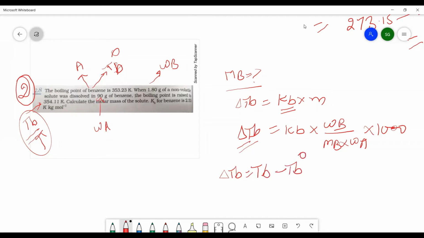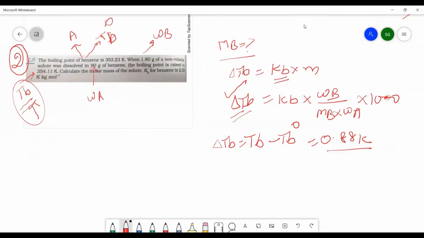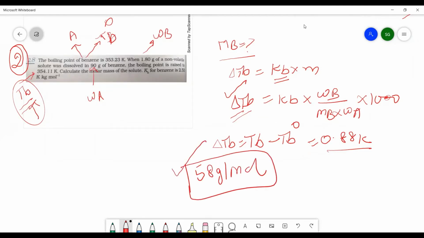TB is 354.11 and 353.23. When you take the minus of these two, you will get 0.88 Kelvin. This value has come. Rest of the part you have to substitute in this formula and you will get the answer 58 grams per mole. It's a very simple question and you can find out the answer very easily.